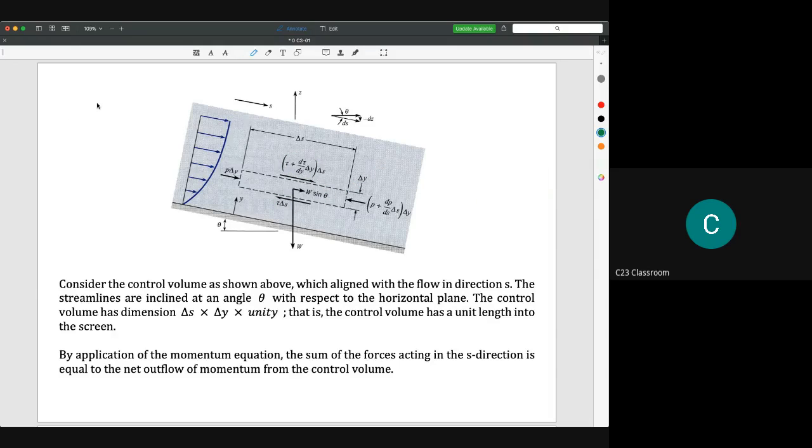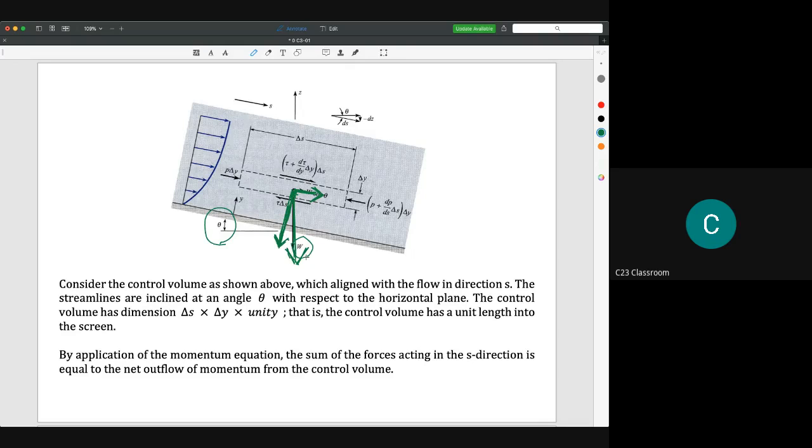The third force is due to gravity. We know that gravity is pulling the liquid down like this. Because this plane is inclined at a certain angle, we need to determine the component of that weight.